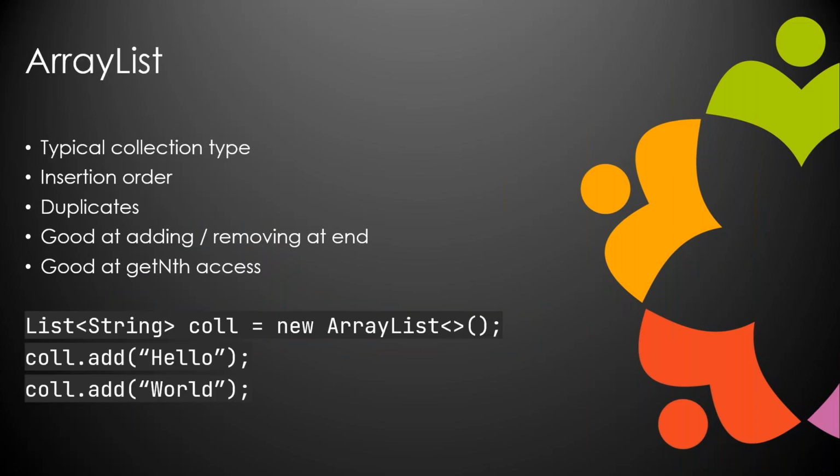So the most common type that you would use for collections, as I've mentioned before, are array lists. These are ordered on insertion order, can contain duplicates. It's good for adding and removing at the end, and it's good for getting an entry at any particular position in the collection.